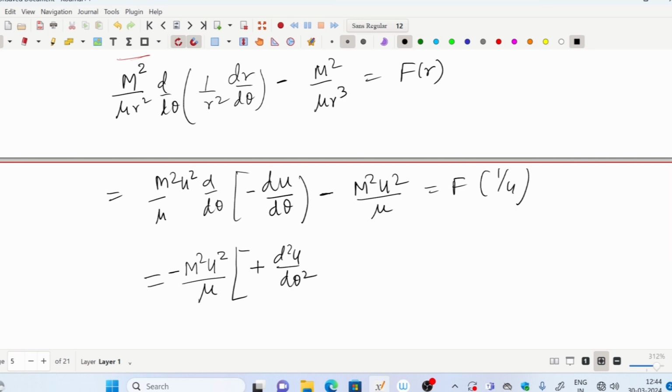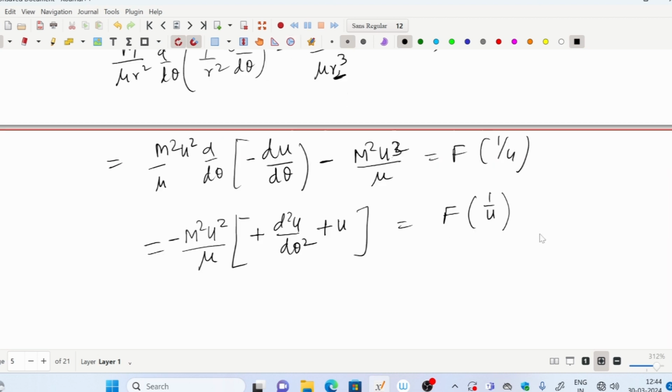Here also I am taking m square by mu, this is u cube, since 1 over r cube is u cube, right. So this is plus u equal to f(1/u). Fine.